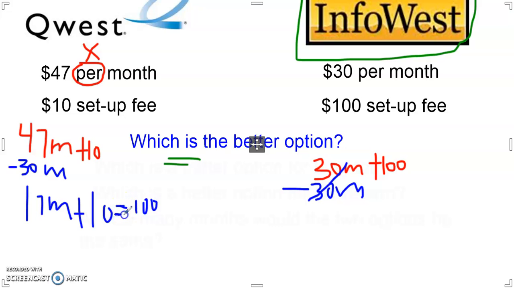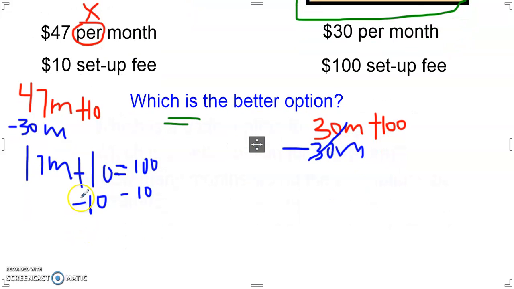Let's fix those. All right, now we've got to get m alone. So we've got to get rid of this positive 10 by subtracting 10 on both sides. So we've got 17m equals 100 minus 10 is 90.